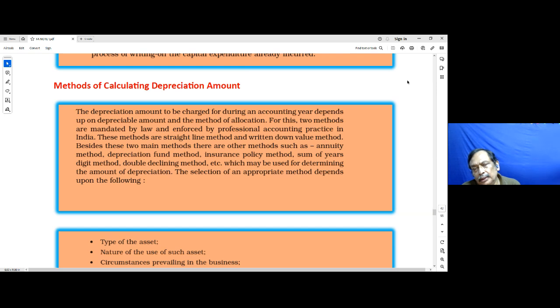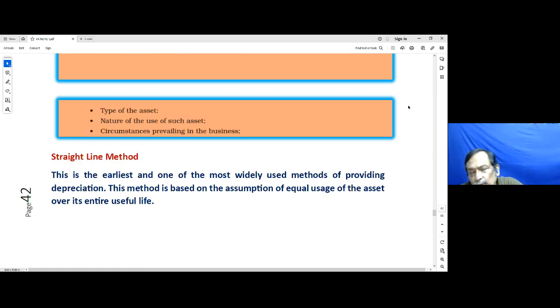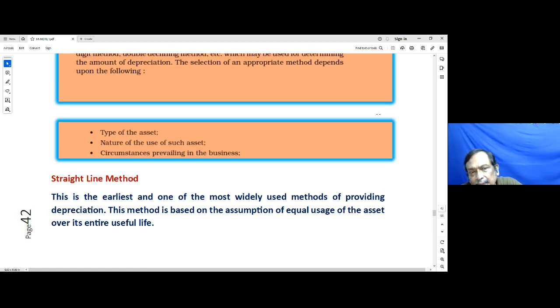Now, we will be concentrating on two methods. One is straight line method, another one is written down value method. The selection of an appropriate method depends upon certain considerations. Number one, type of the asset, nature of the use of such asset, and the circumstances prevailing in the business.